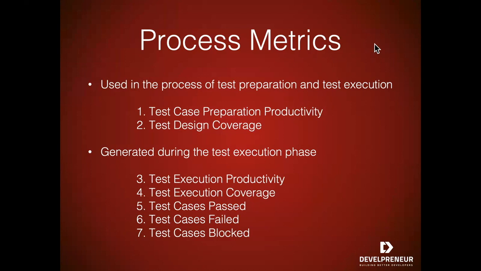Test execution coverage is used to measure the number of test cases executed against the number of test cases planned. Test cases passed is used to measure the percentage number of test cases passed. Test cases failed is used to measure the percentage number of test cases failed, and so on with blocked: it measures the percentage number of test cases blocked.